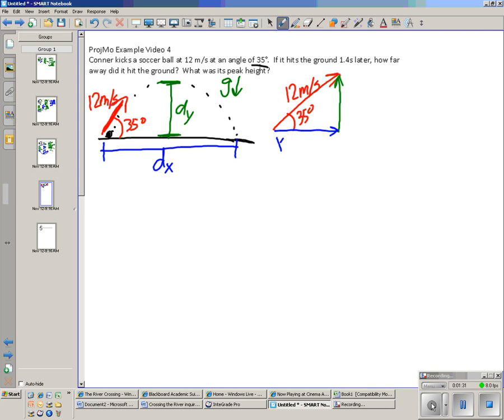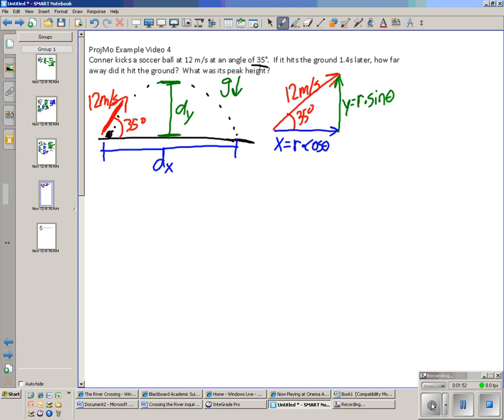Remembering that the x is going to equal r times the cosine of theta, and the y is going to equal r times the sine of theta. Okay, let's go ahead and try out some of those values.